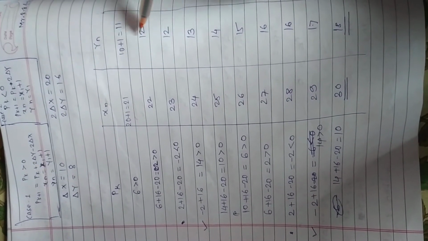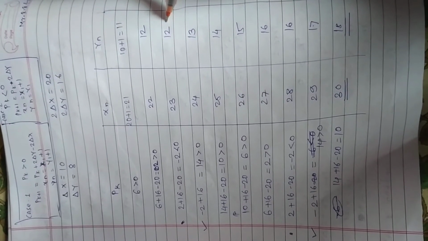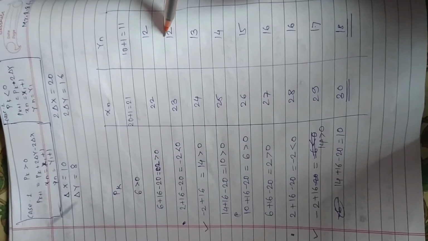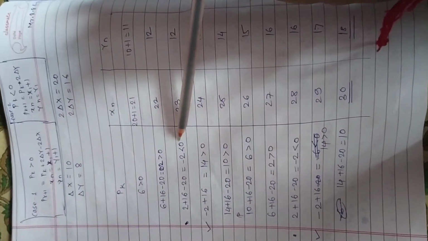We don't add plus 1 here. We have taken 12 as it is because our value of pk is less than 0.